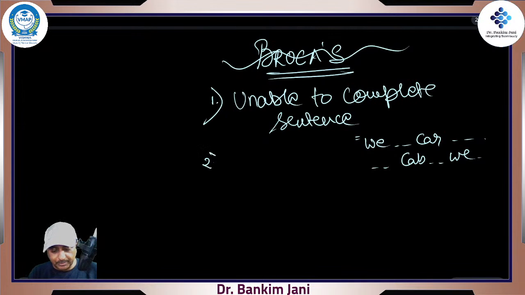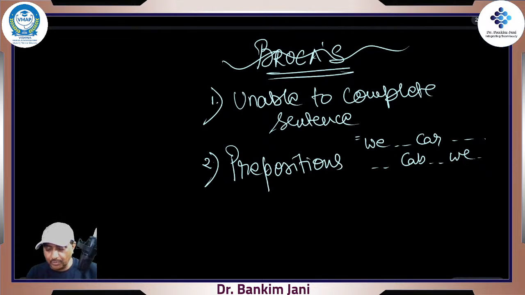Second important point, he'll be missing all the prepositions, the words which are used to join and form a complete sentence. Say for example, I'm going to the market, right? When you say I'm going to the market, right? I'm in the mall, right?